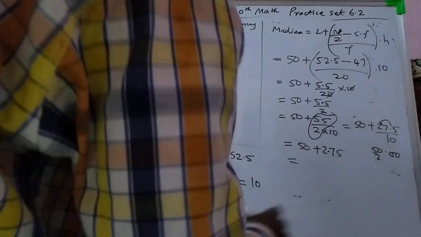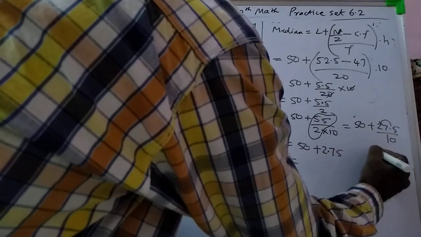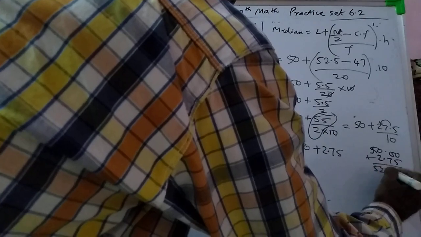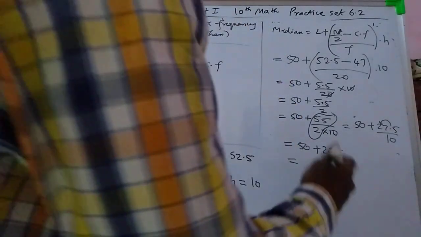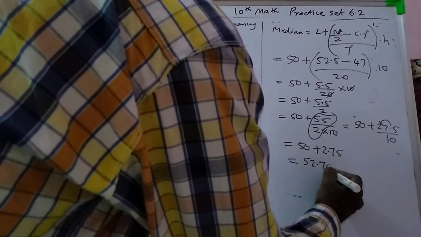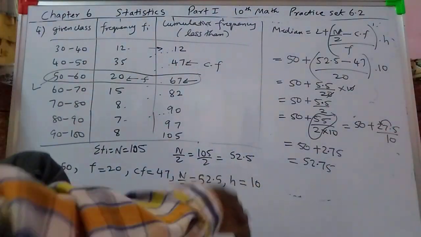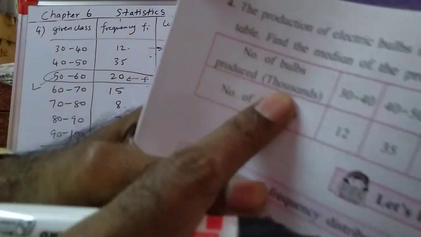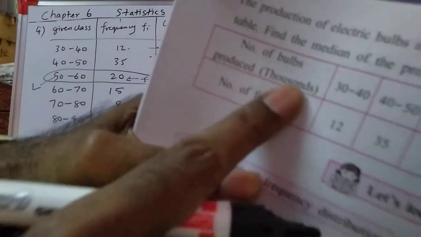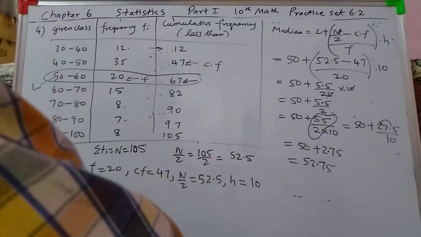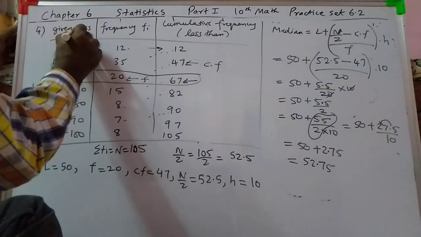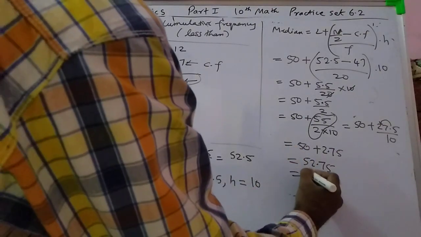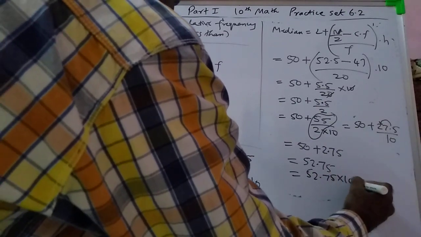That we add. Okay. That will become 50.00 plus 2.75, that is 52.75. Okay. But here 1000 is given. Therefore 52.75 into 1000.